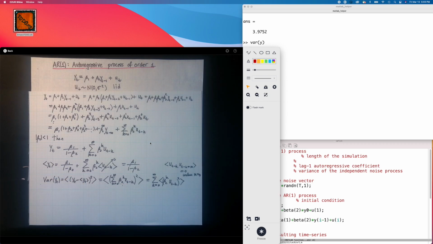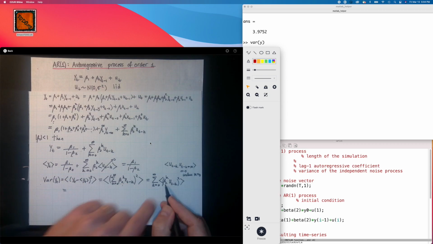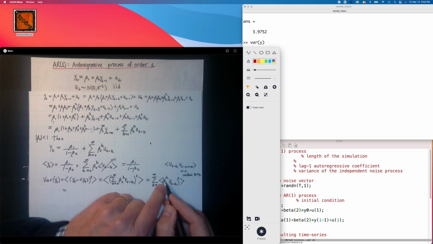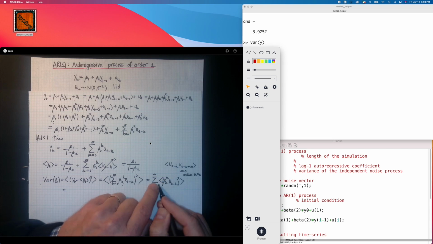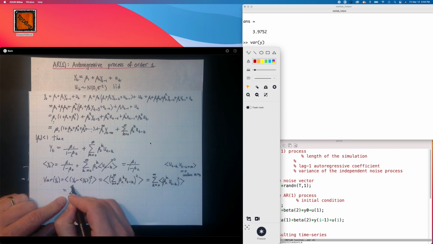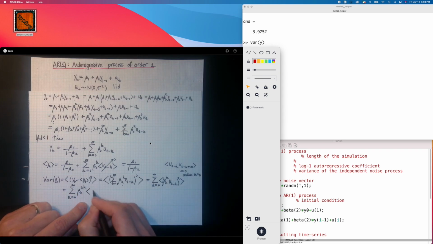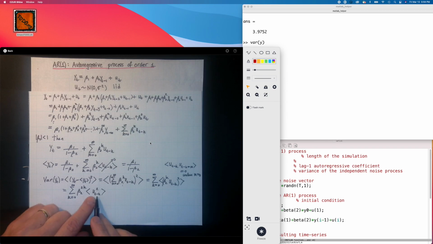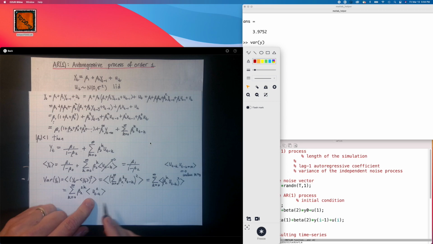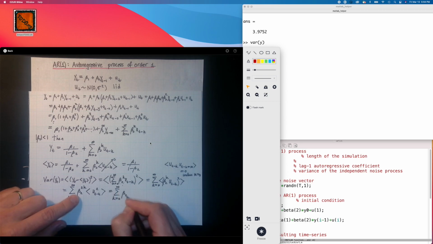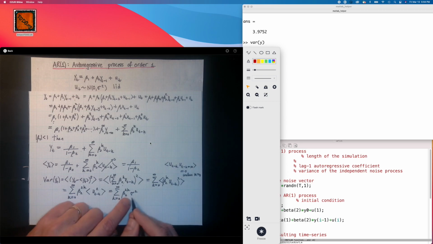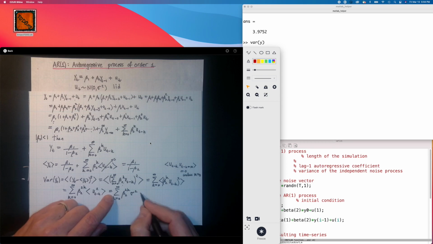So all the cross terms will vanish. Here, if I take the beta 2 to the kth power outside of the expectation, we'll get a squared of this quantity. And these expectations are all sigma squared, and sigma squared is a constant when you pull it out of the summation.